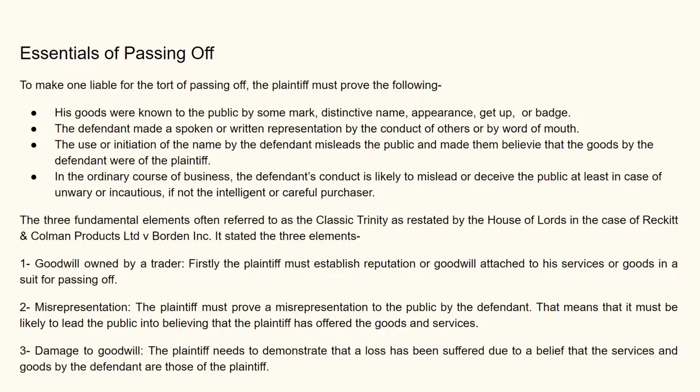The three fundamental elements, often referred to as the classic trinity, as restated by the House of Lords in the case of Reckitt and Coleman Products Ltd. v. Borden Incorporated, are as follows. 1. Goodwill owned by a trader. Firstly, the plaintiff must establish reputation or goodwill attached to his services or goods in a suit for passing off. 2.